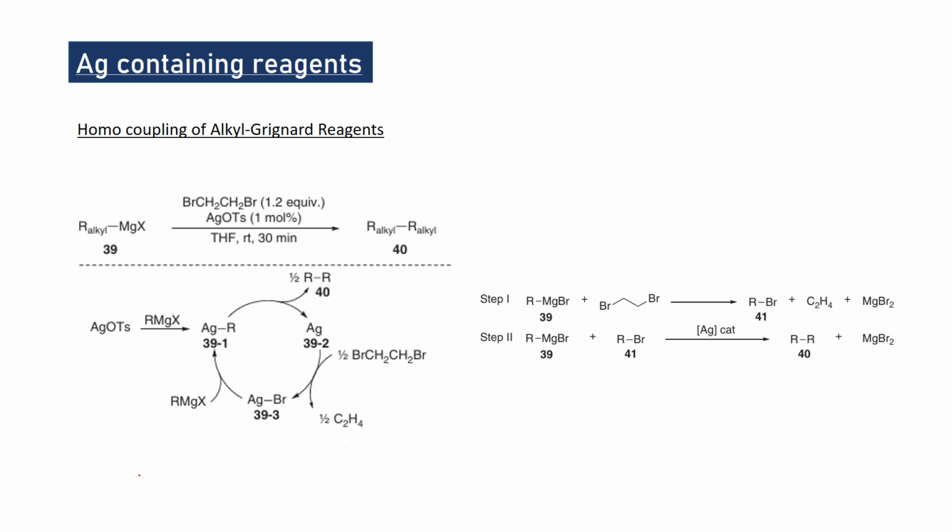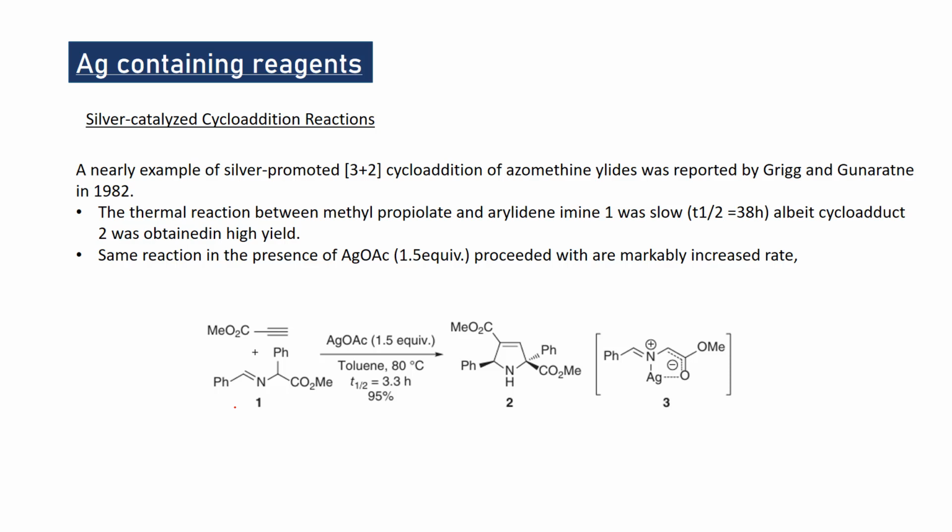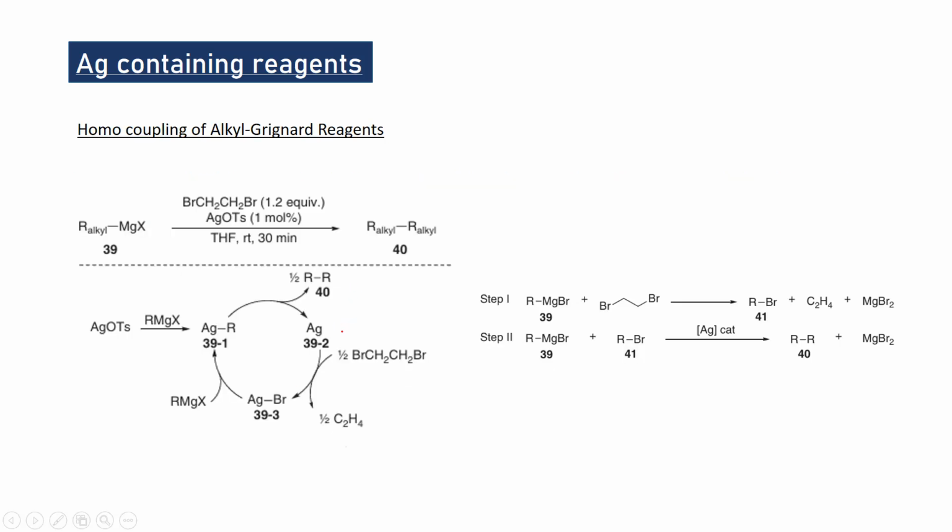Then through addition to this alkyl bromide, it generates this alkyl silver species, and when two silver alkyl species combine, we get this homocoupled product.